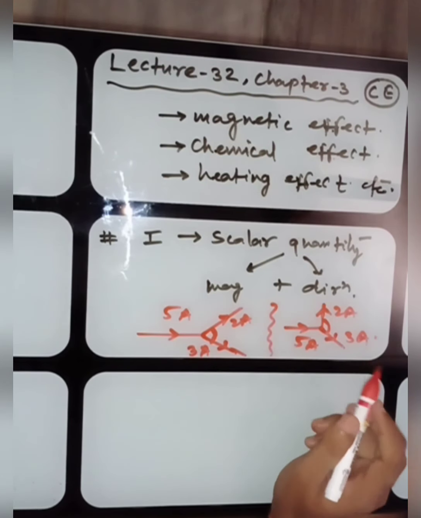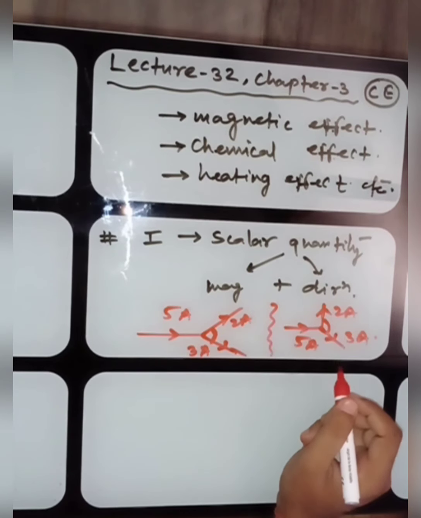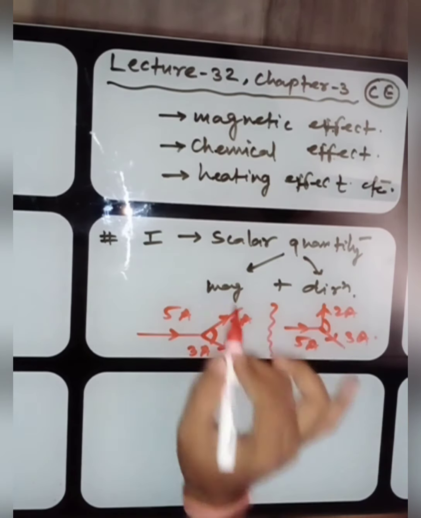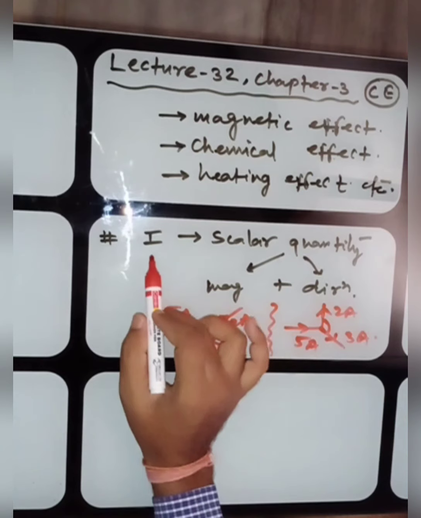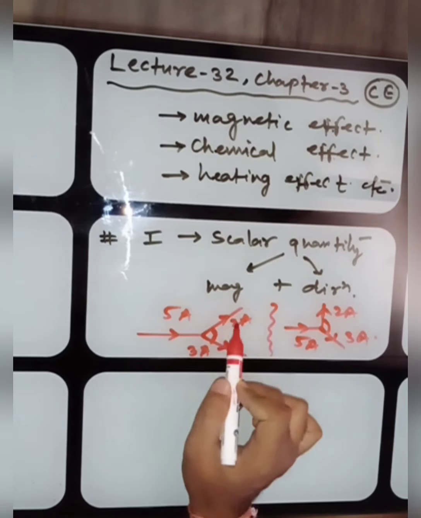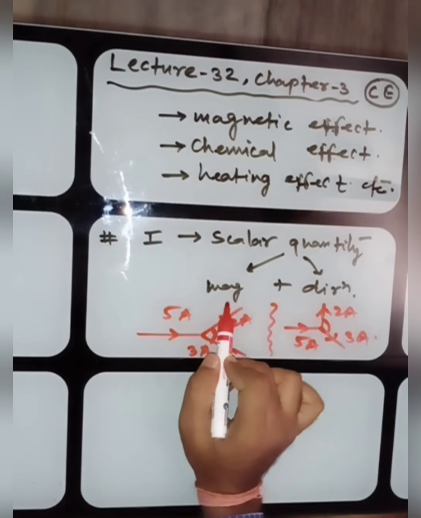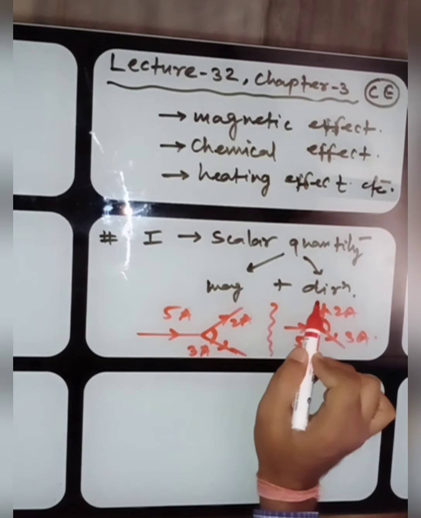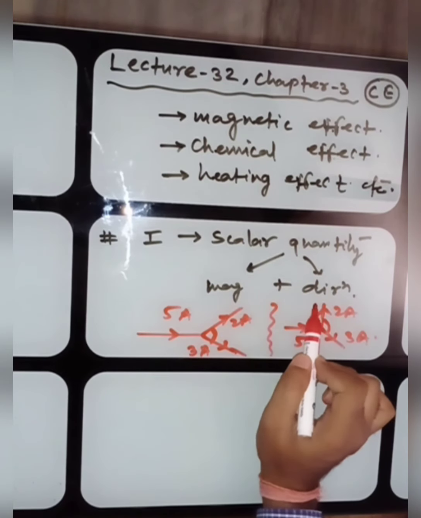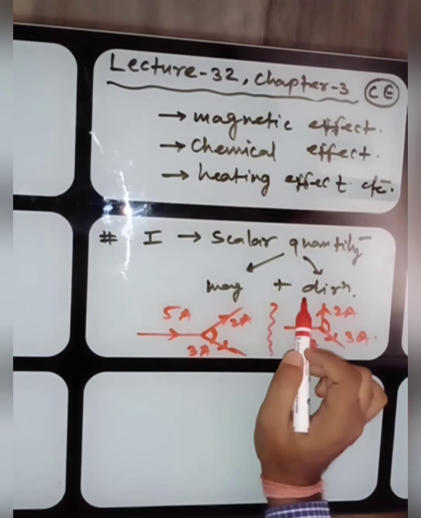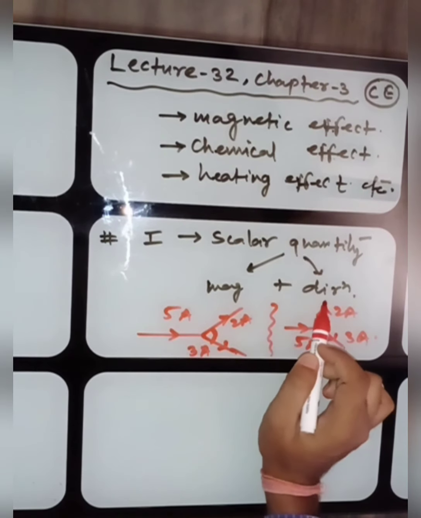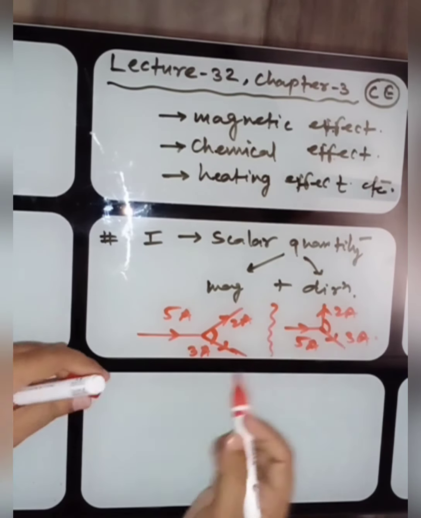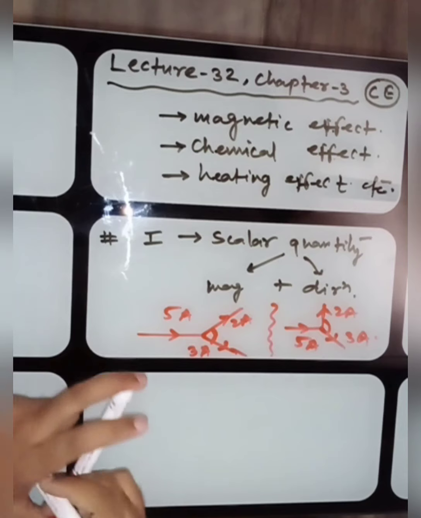These are electrical resistance, which we will discuss. But you have to remember, I, the electric current, is a scalar quantity. Although it has magnitude as well as direction, it does not obey the vector law, the laws of vector addition. That's why we say it is a scalar quantity.